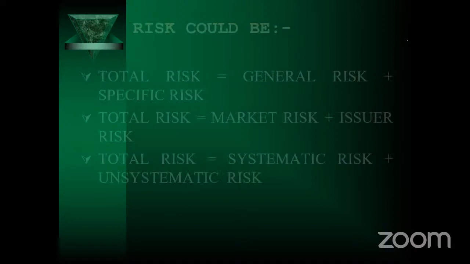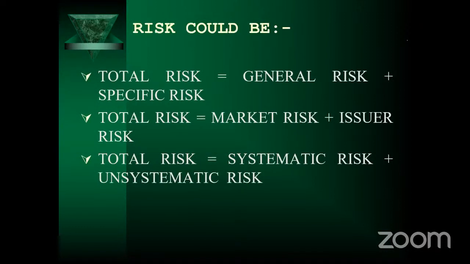Again, total risk could be the systematic risk and unsystematic risk. Please remember, systematic risk arises because of systemic crisis. Let's say the economic system of a nation or a country fell. Definitely an economic crisis will be there.